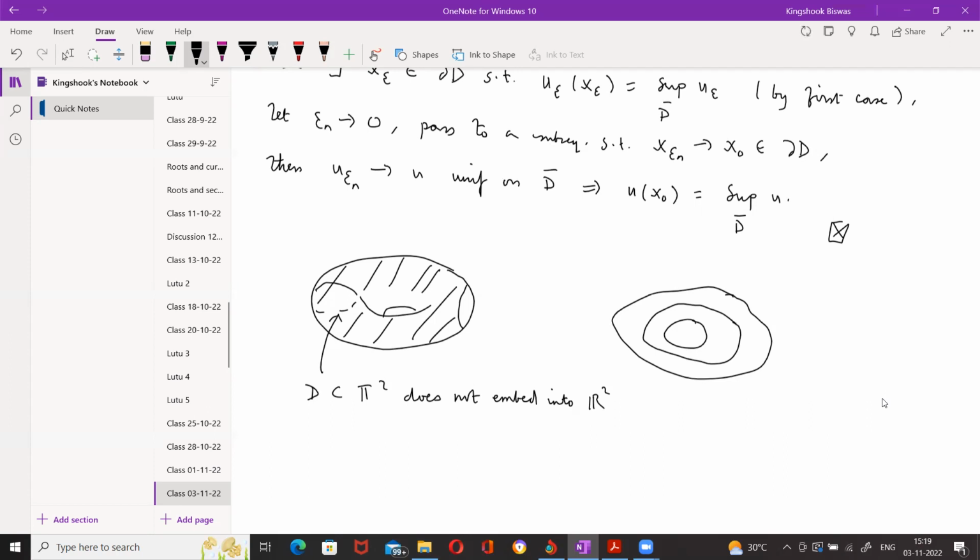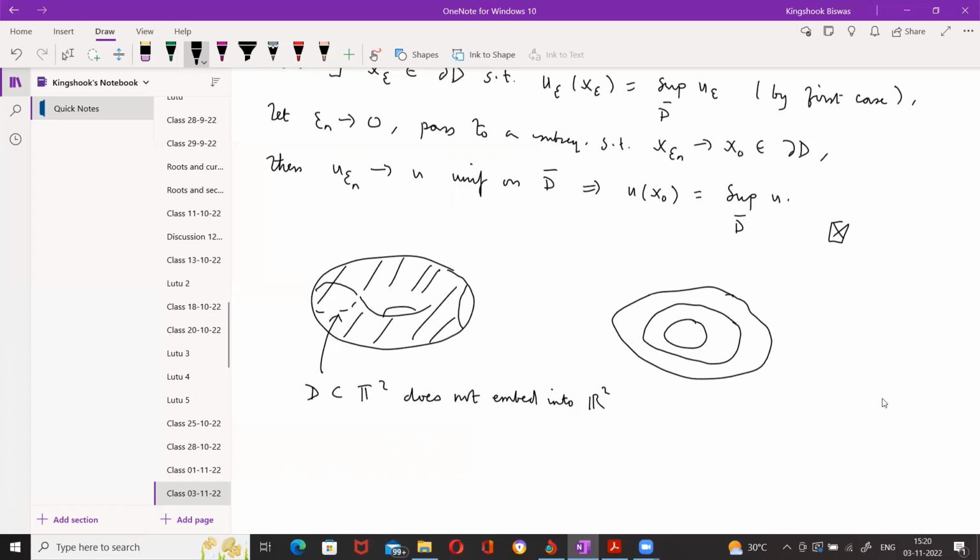So this is not going to be homeomorphic to any domain in R2. Is that clear? So on this domain we couldn't apply this argument, it doesn't embed. We don't have a global coordinate chart on this.